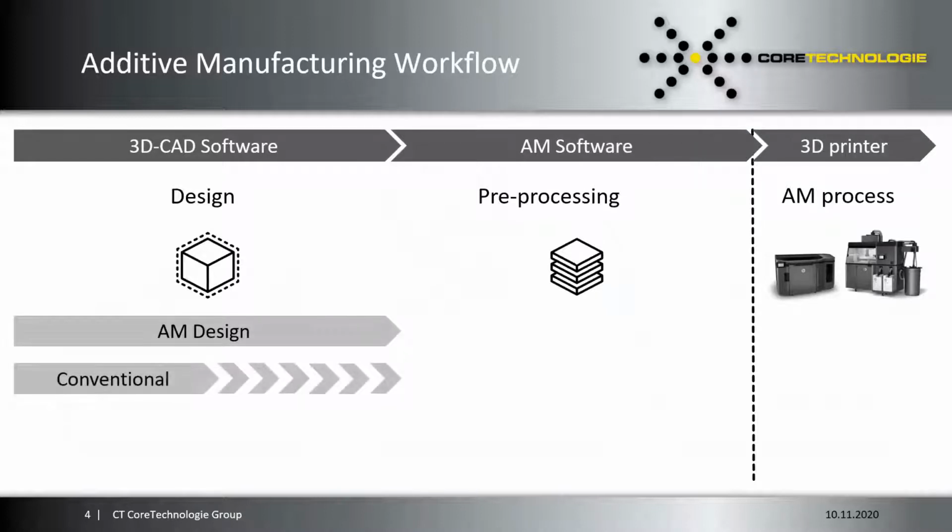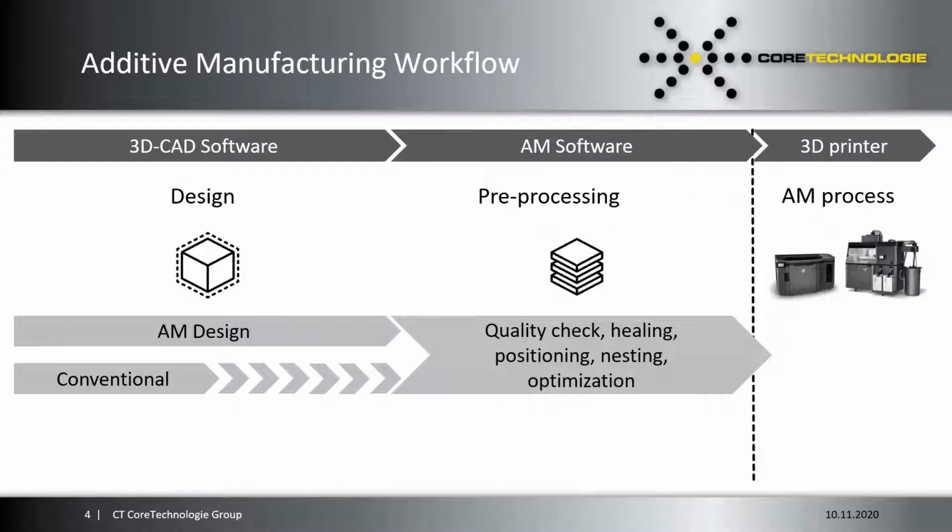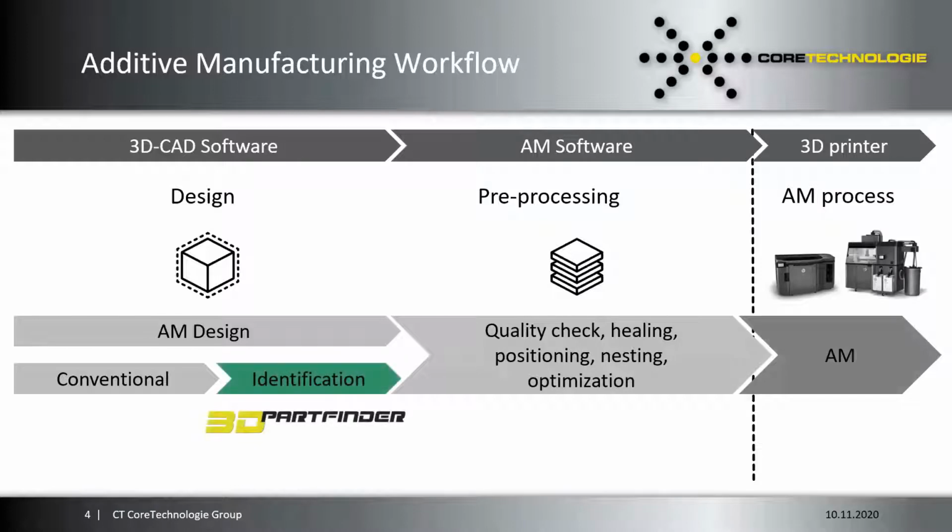In the AM design, if you have conventional designs that afterwards need to be pre-processed for AM printing, the Part Finder helps you find suitable files from your conventional engineered models, based on attributes, features, and analysis values like thickness checking or bounding boxes.